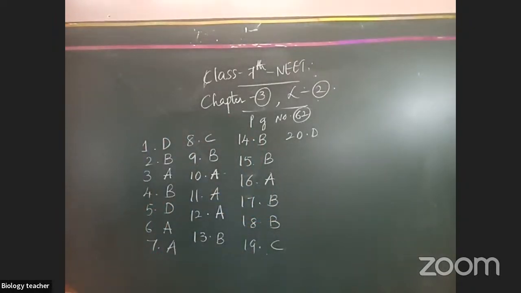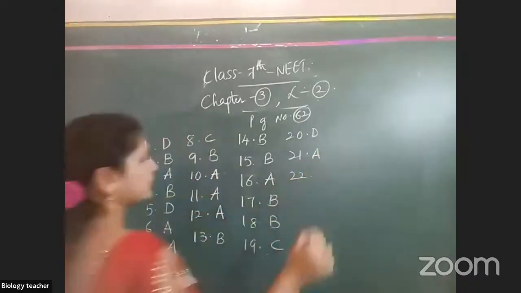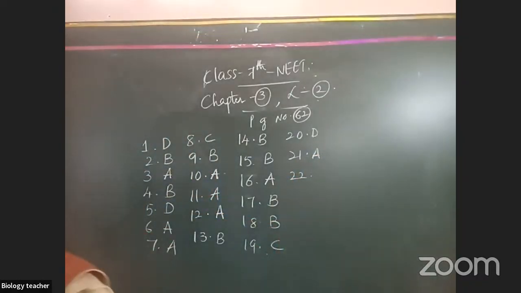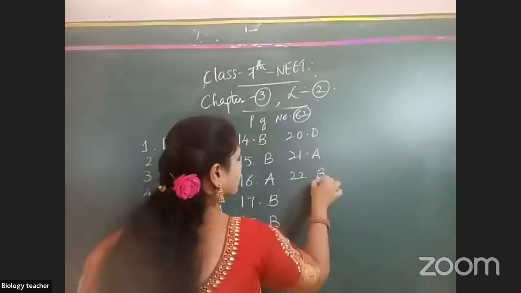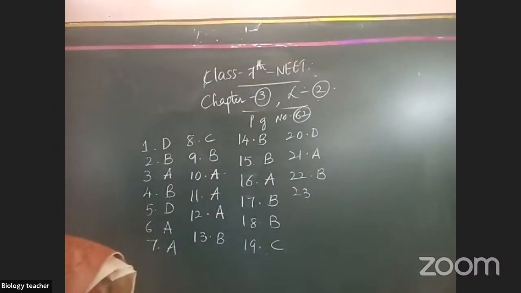Next, 21. During exhalation, the size of the chest cavity decreases. 21A. 22. To which disease is smoking linked? Cancer. 23. Name the organism which breathes through its skin.